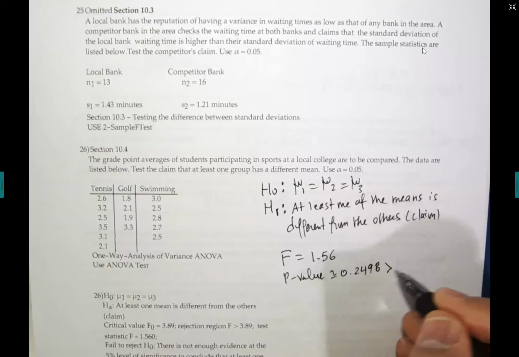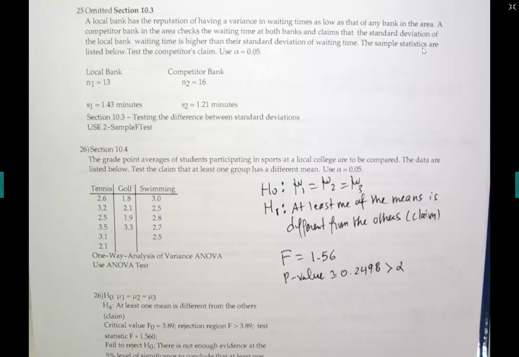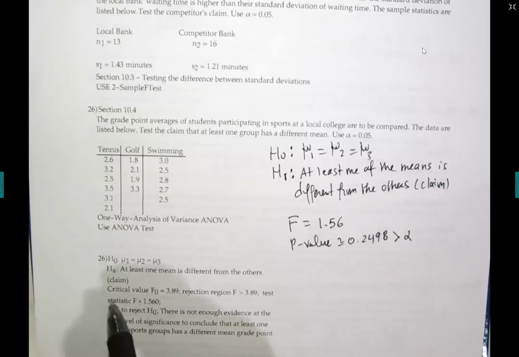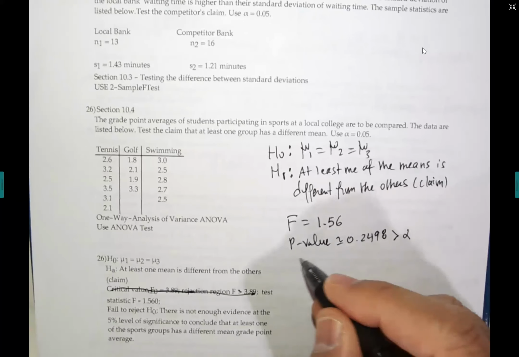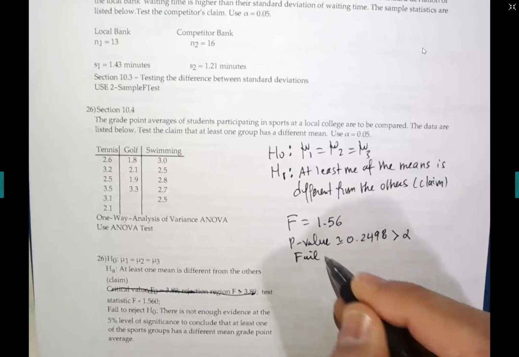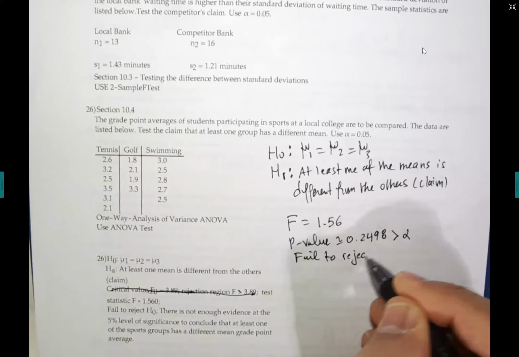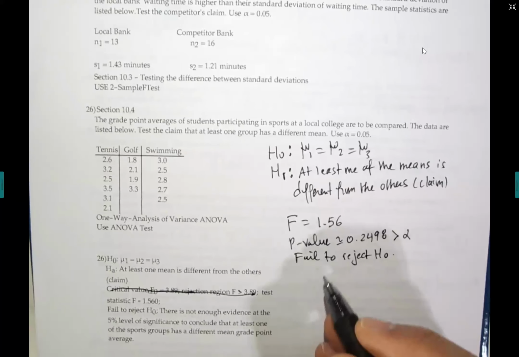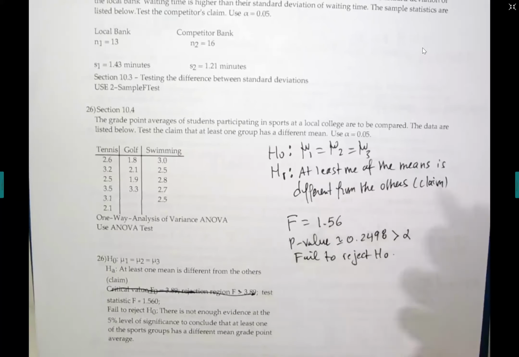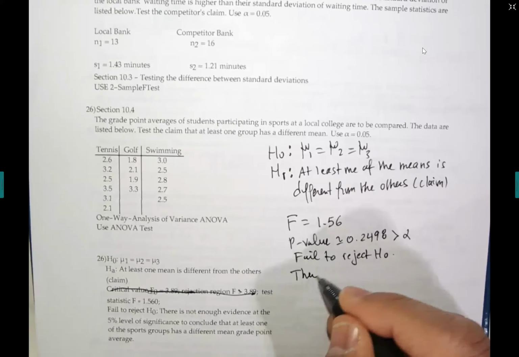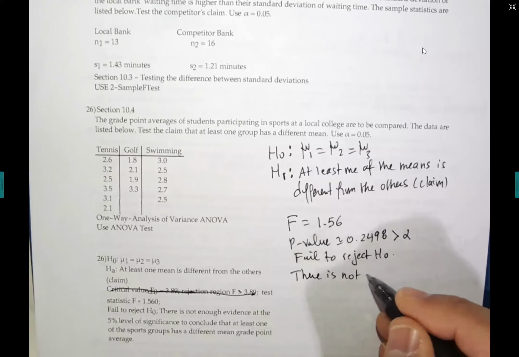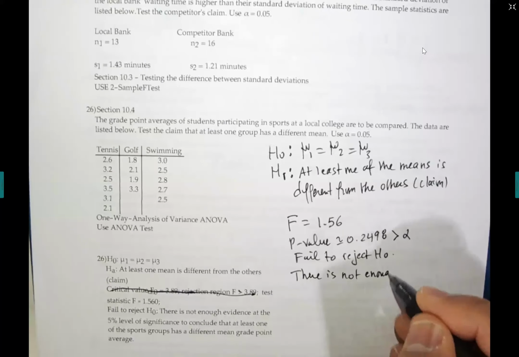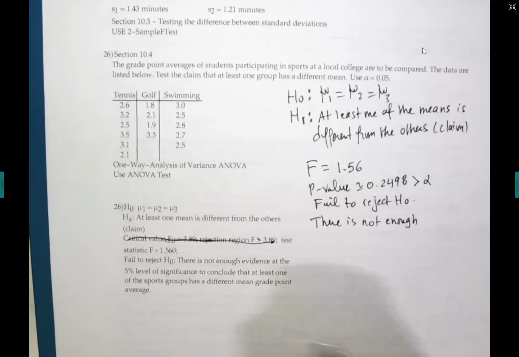And this is greater than alpha. He did do the solution using critical values. You don't have to worry about it. I'm just doing it with the p-value. So fail to reject H0. And if you fail to reject H0, you cannot support the claim. There is not enough evidence. Here, the computer solution is correct here.